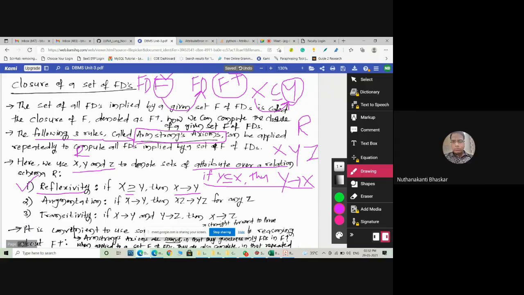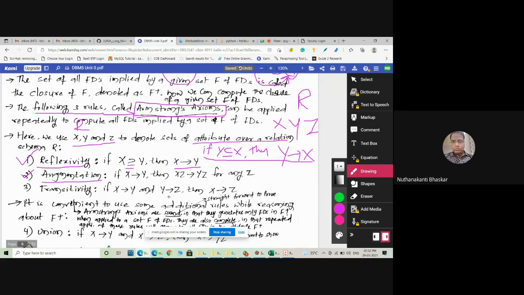Right. The second formula is augmentation. What is the meaning of augmentation? Very simple. If you have identified in your relation X determines Y, meaning Y is depending on X, then you can also write XZ determines YZ. We have just multiplied Z on both sides.